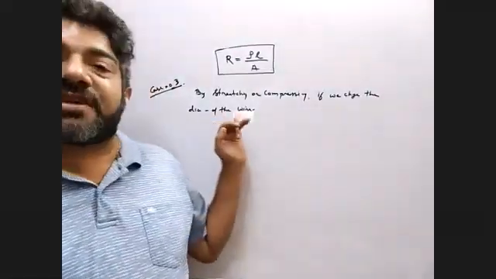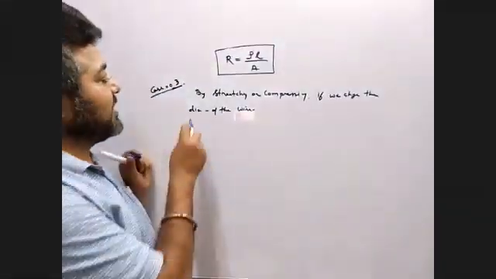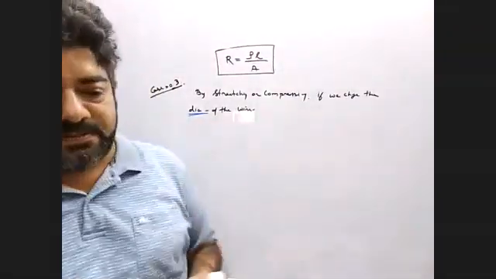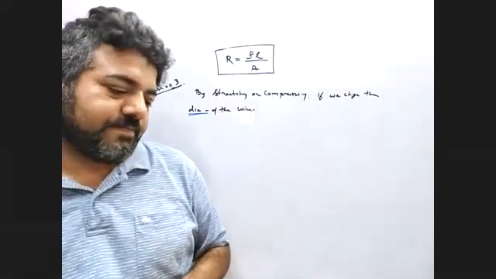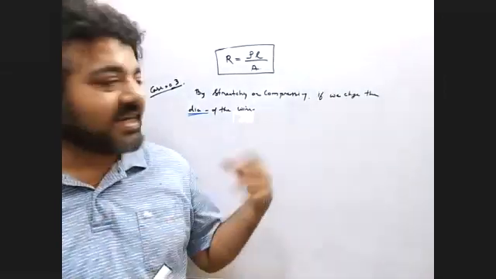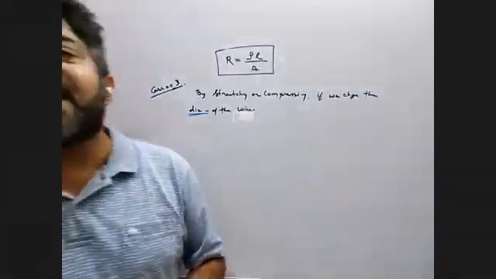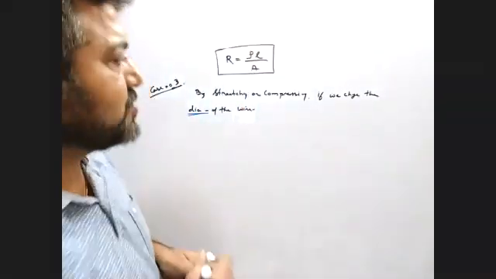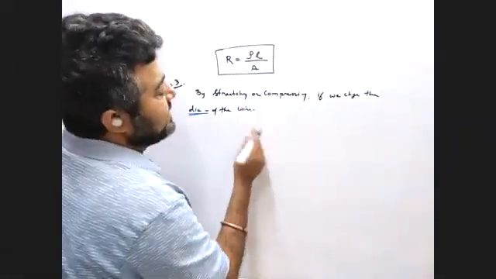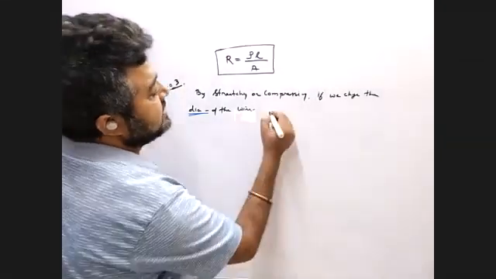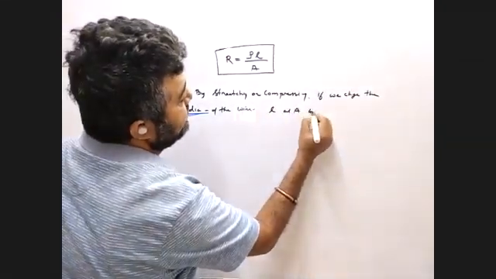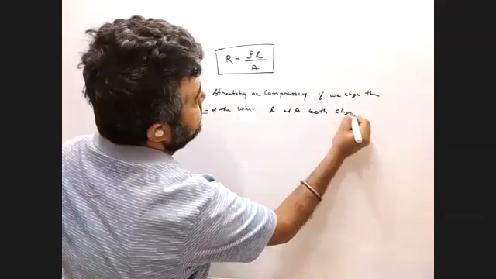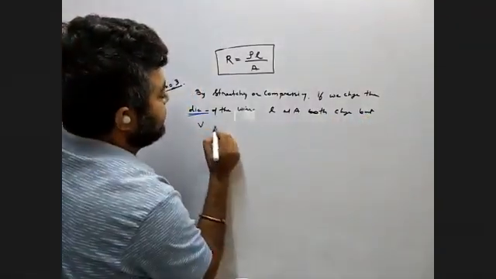So diameter or radius increases or decreases? Decreases. So basically it's the same thing, but now they ask the question in a twisted way. Again in that case, length and area both change, but volume remains constant.